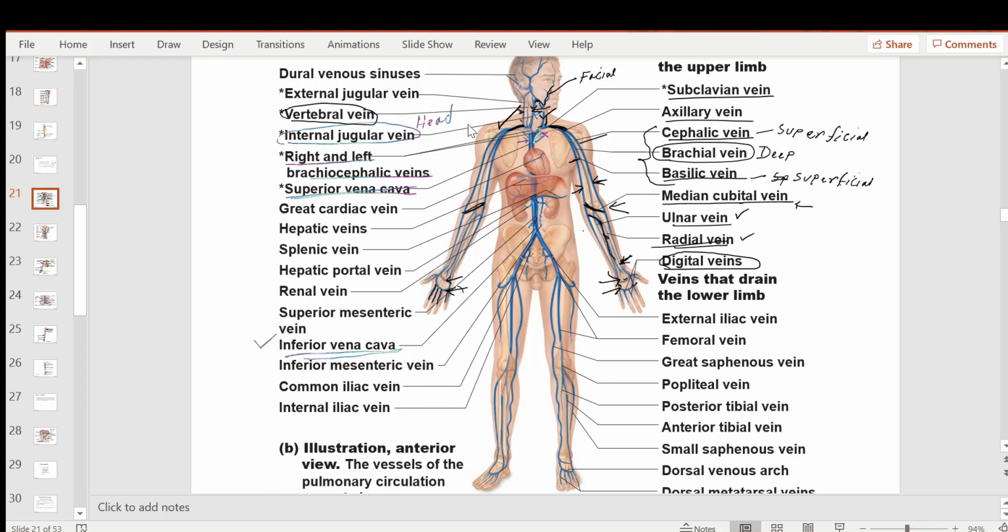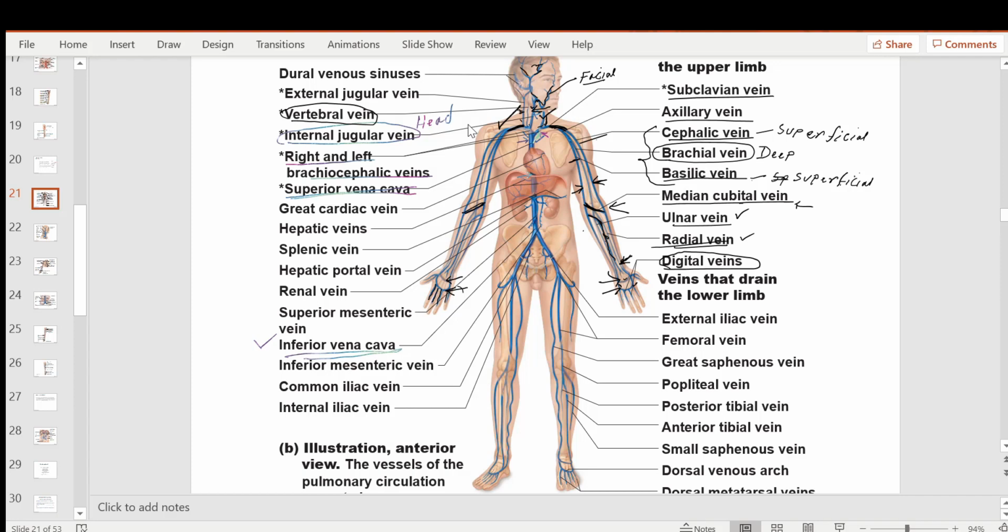So from the internal jugular we get the mandibular vein, and from the mandibular we get the facial vein, which goes to the face. And also we get another branch from the mandibular that goes to the temporal part of the head. You see these veins called superficial temporal veins.